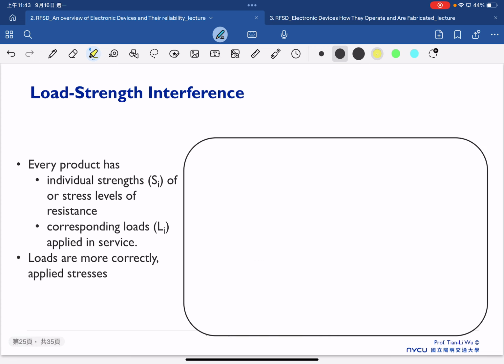Another thing is that we can also use this load strength interference to describe why failures can happen after a certain amount of time. So in the beginning, we have the strength here and we have a load here.